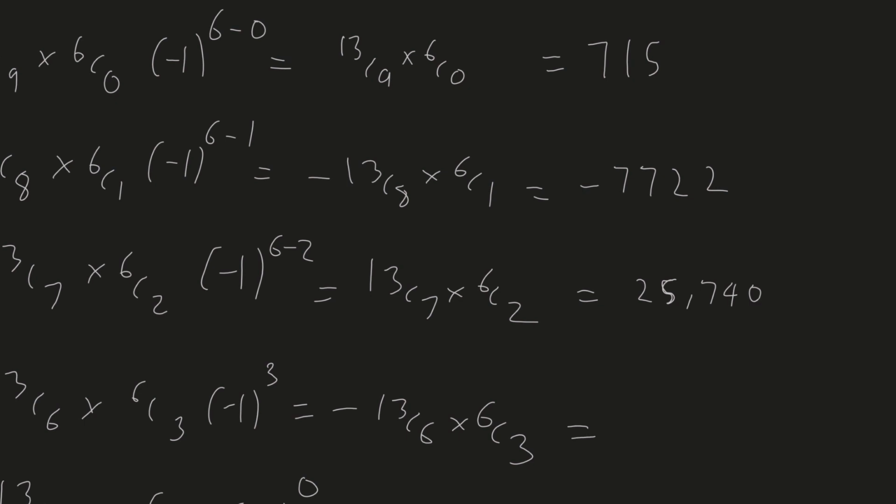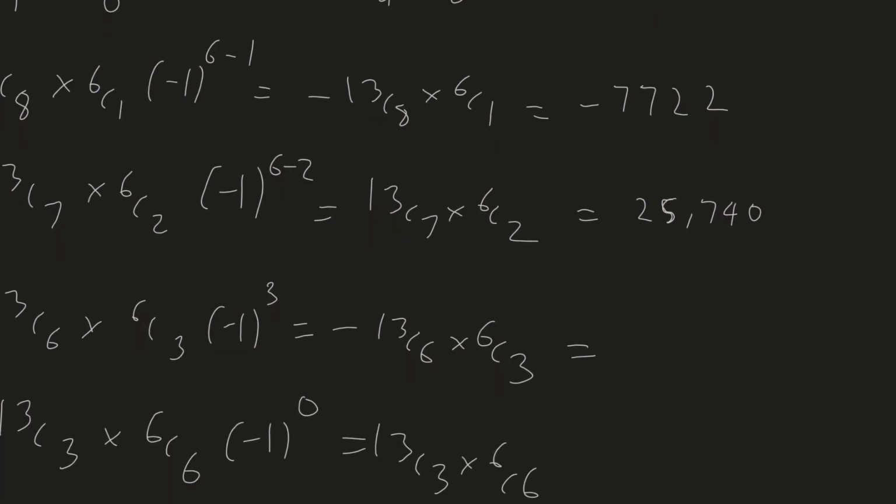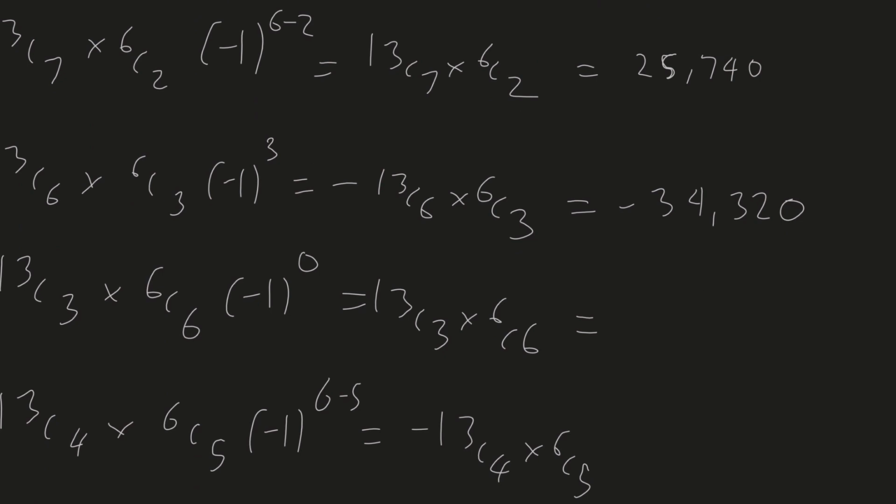The next one is equal to minus 13 choose 6 times 6 choose 3, which is equal to minus 34,320. The next one is equal to 13 choose 3 times 6 choose 6, which is equal to 286.